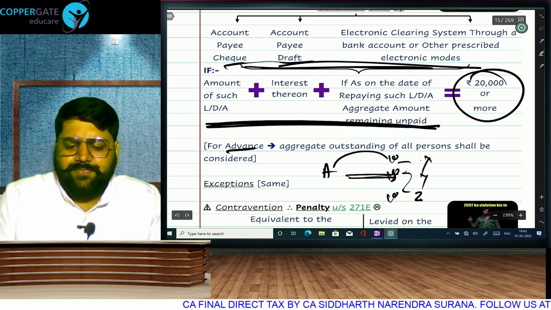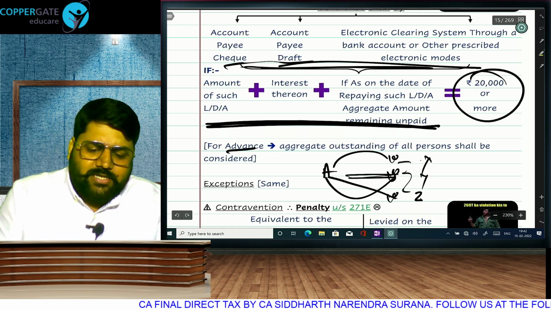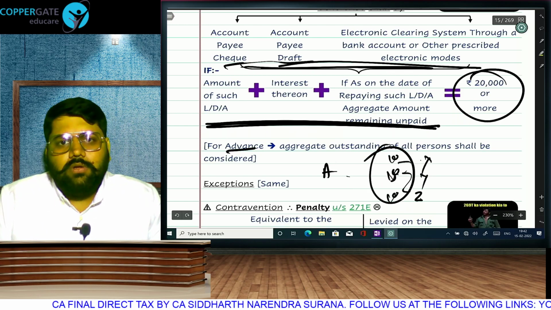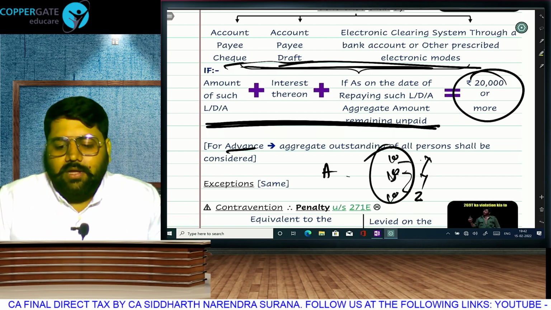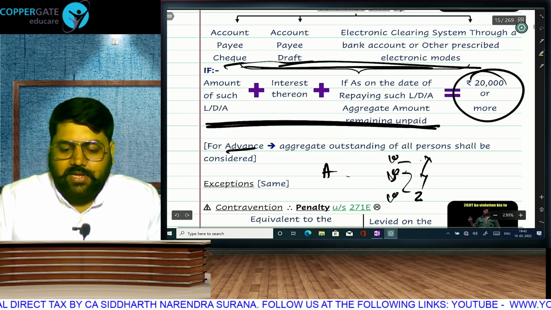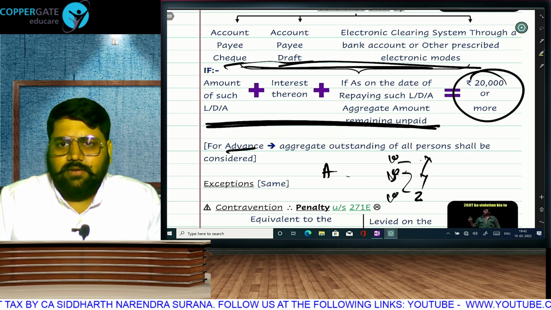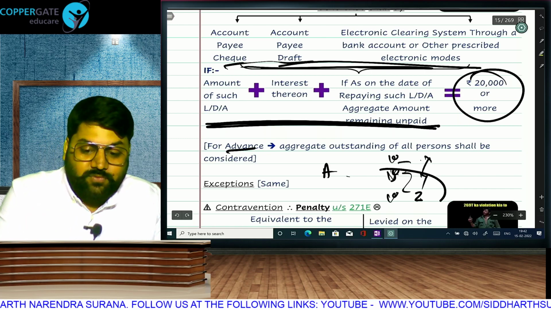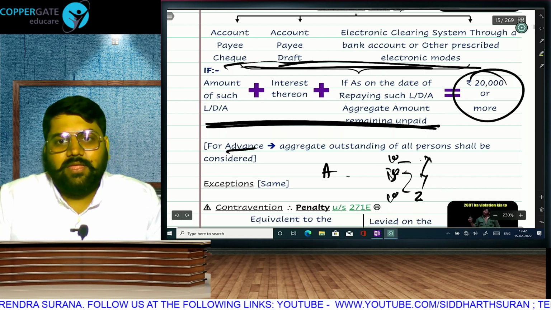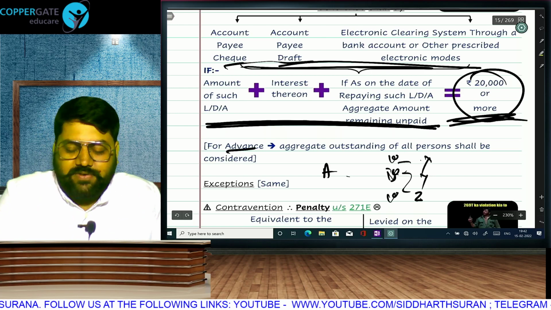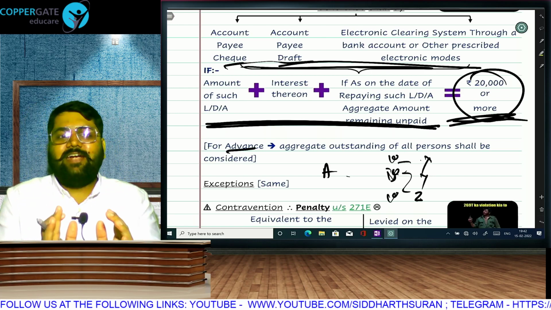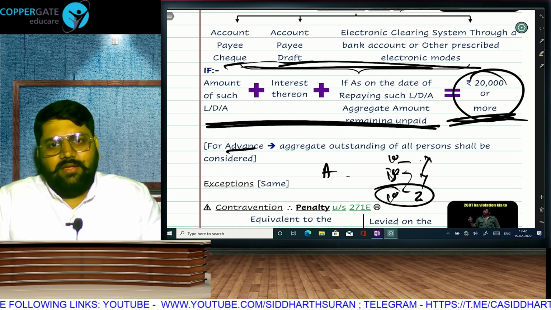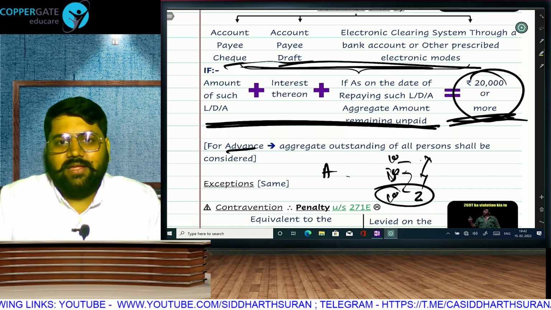Individually each has to repay only 10, but the total is 20 or more, so you have to repay in the allowed mode. Suppose X repays in cash, X will be liable for penalty. After repayment by X, the outstanding is 20, so Y also has to repay in the allowed mode because exact 20 is also covered. But after Y repays, Z can repay in cash because individual and total outstanding are both 10. So we have to see the total outstanding.